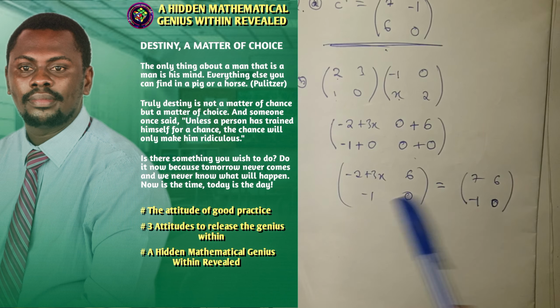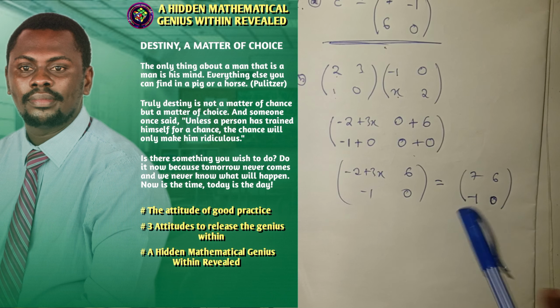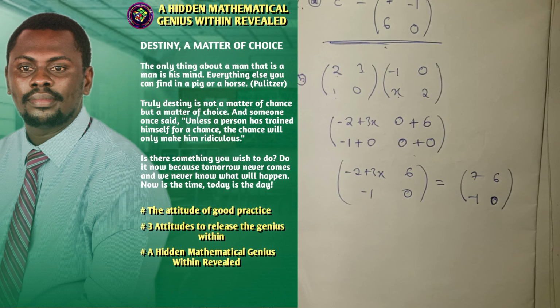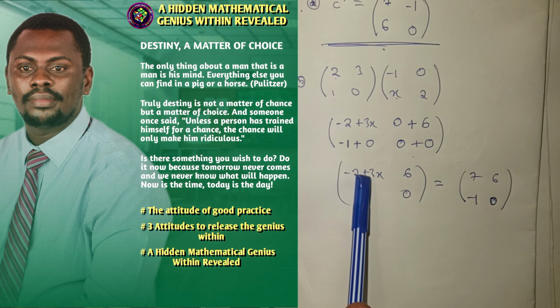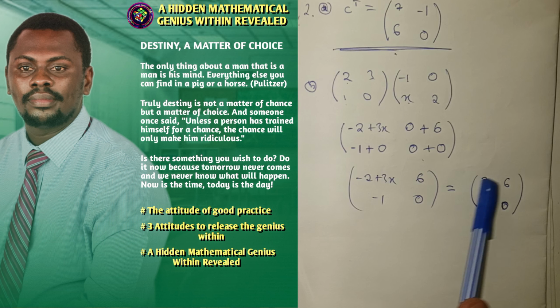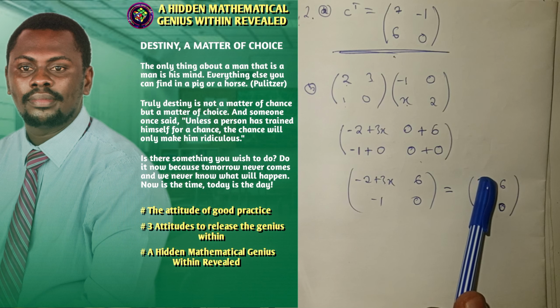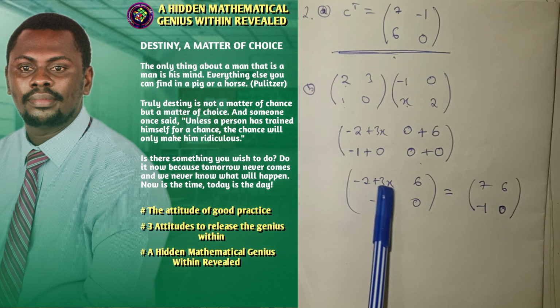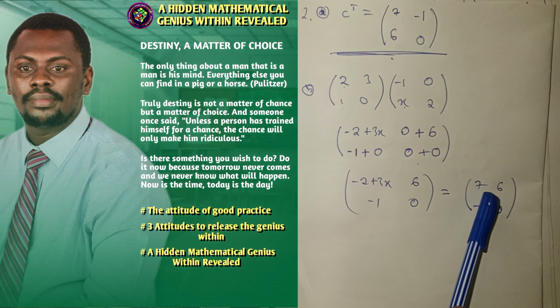Meaning, the first position in the matrix here is equal to the first position on the matrix there. So -2 plus 3x is equal to 7.